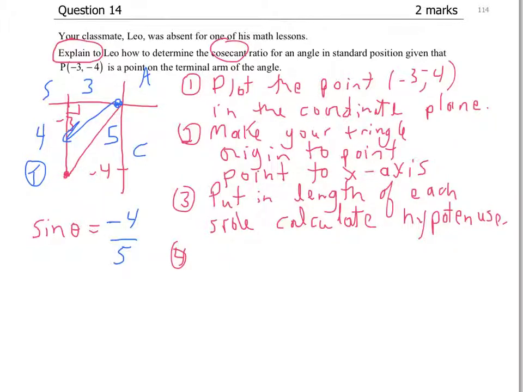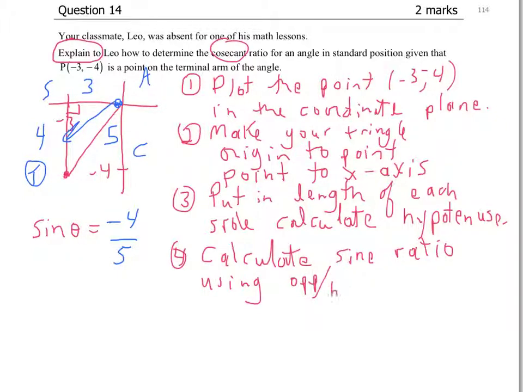So the next thing, and this is good transference from grade 11, because you would have done this in grade 11: calculate the sine ratio using opposite over hypotenuse, and we want to remember the sign.